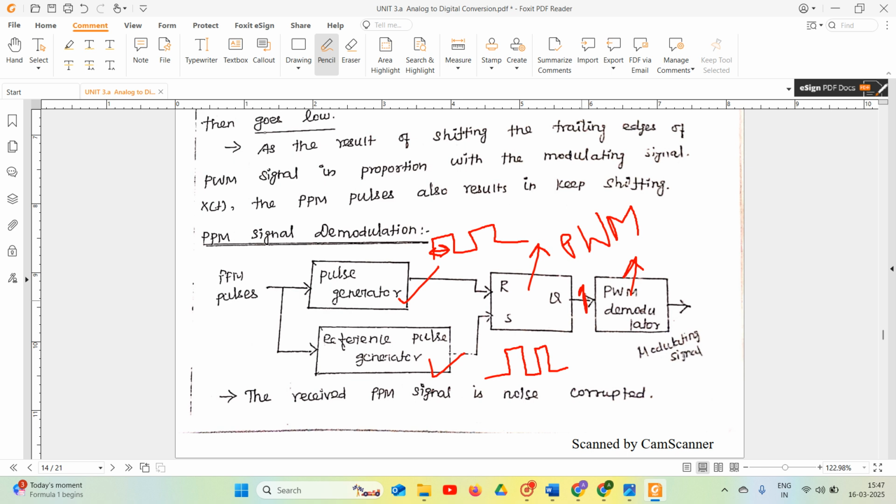After that, the PWM output is given as an input to the PWM demodulator, because I want to recover the original modulating signal. We have discussed in detail how we recover our original signal from the PWM demodulator. So finally we will get the modulating signal from the PWM, right?